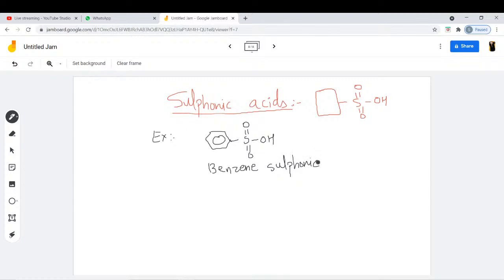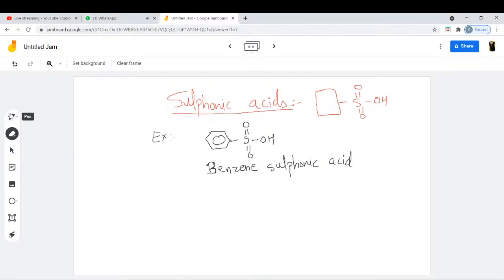Very famous, benzene sulfonic acid. Then acetyl sulfonic acid you can also use here.